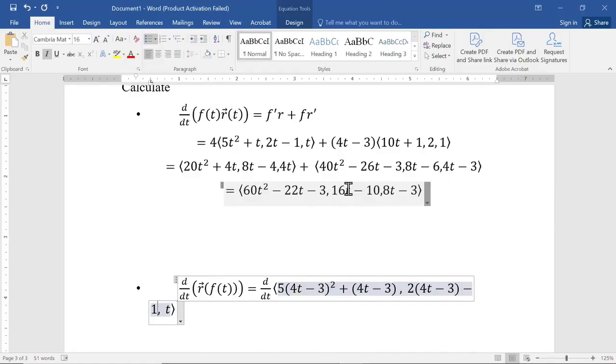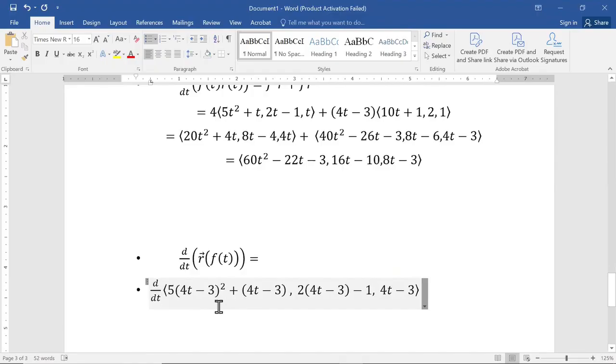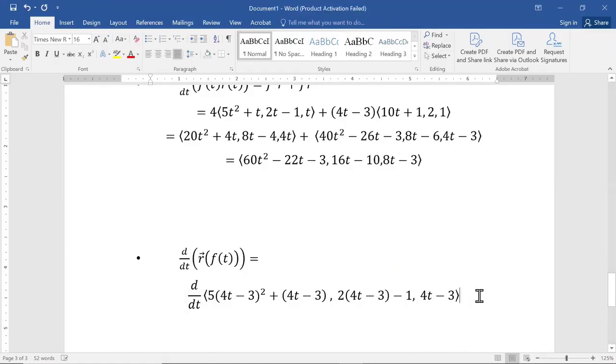Now in this example, it's probably doable by hand to actually go through all of this and take the derivative after I do it. But in other examples, it would be harder.